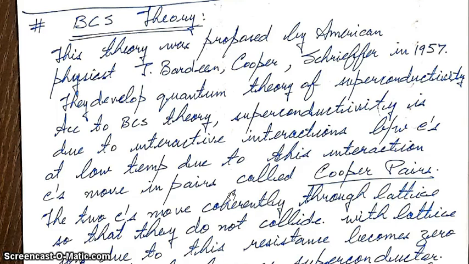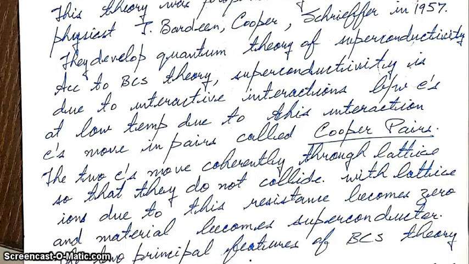Whereas BCS theory is contradictory to that. Here two electrons attract, or we can say interact with each other, and this pair of electrons is called a Cooper pair. The two electrons move coherently through the lattice so that they do not collide with the lattice ions. Due to this, resistance becomes zero and the material becomes a superconductor, right?